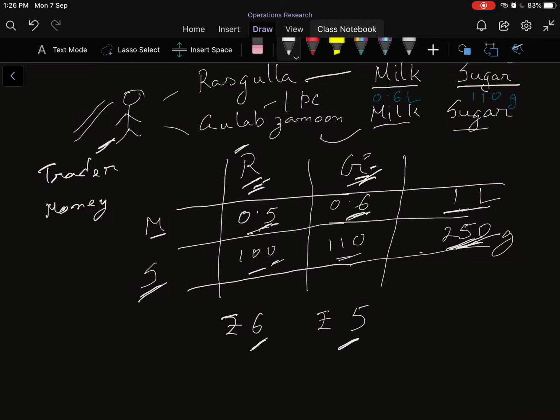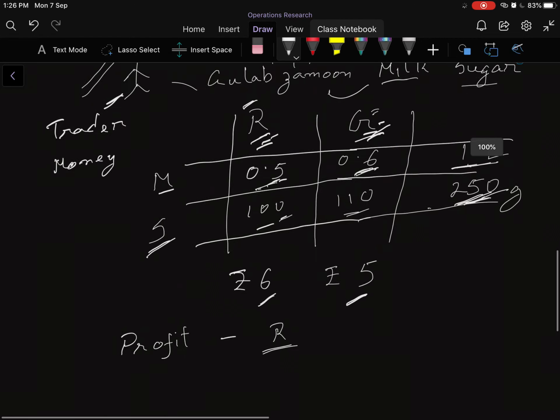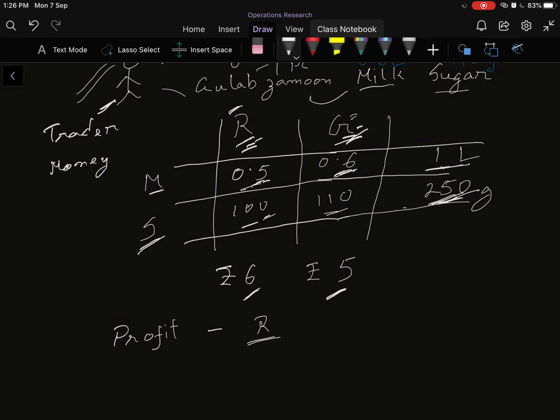So it is a very straightforward calculation for us that the profit would be maximum if he manufactures rasgulla. It is a very straightforward decision for us, but often the decision is not this simple.